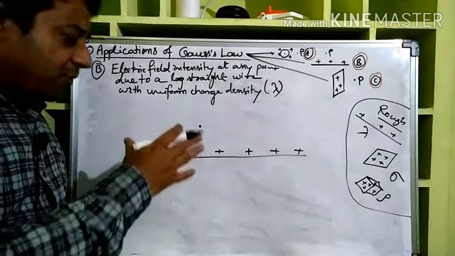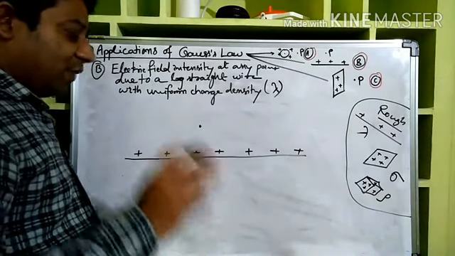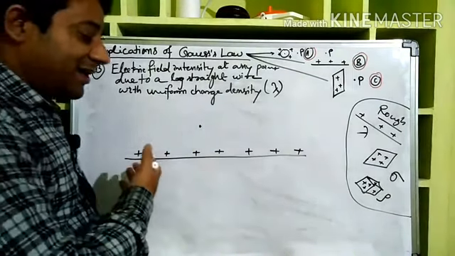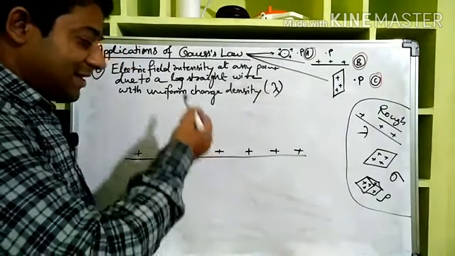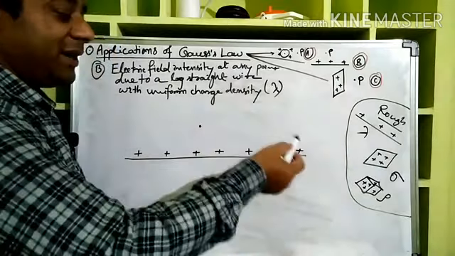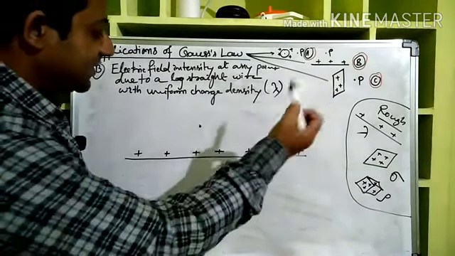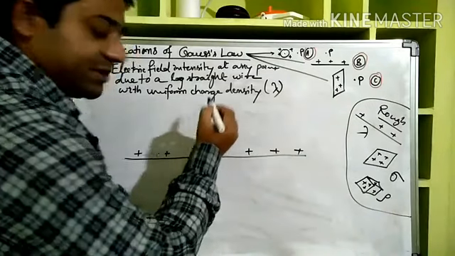Fine. Now before proceeding, I'd like to make you understand why the electric field lines from a straight wire like this are always perpendicular to the wire. Why that is so, I am going to explain. Now let us say that P is any point.